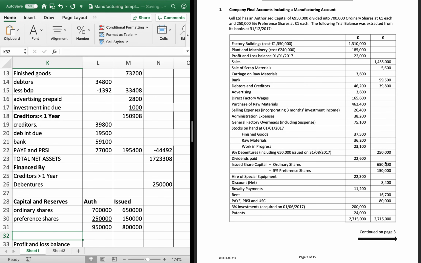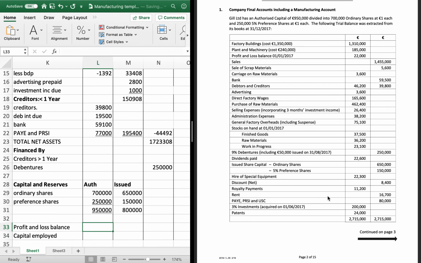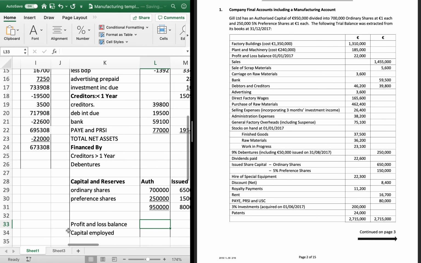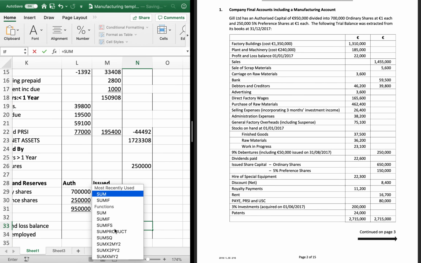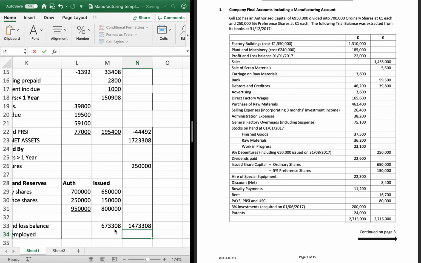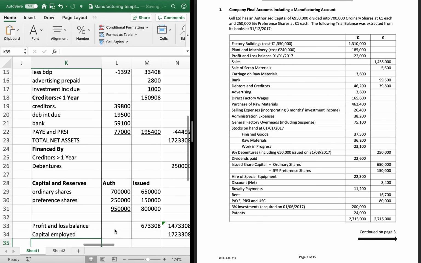No revaluation reserve in this question. Our profit and loss balance is 673,308. This is looking promising, in that there's an 8 in there and a 308 in the other one. We'll add those two together, and add that onto the 250. There you go, 1,723,308 balances. So that's us finished.